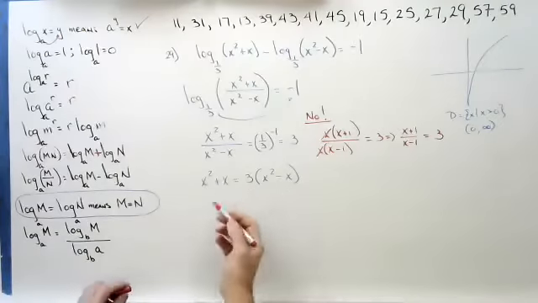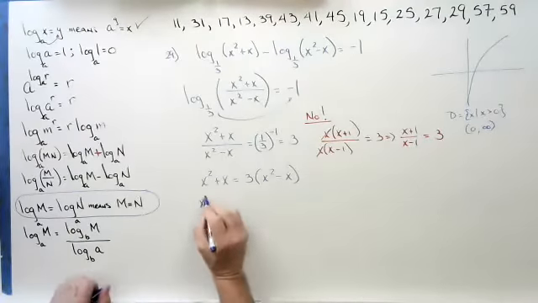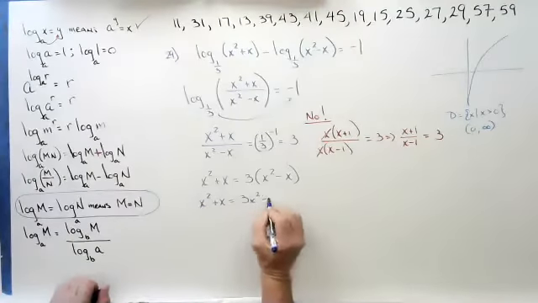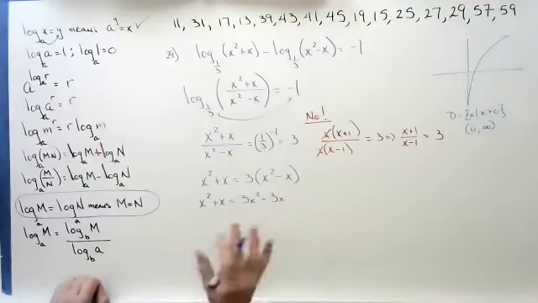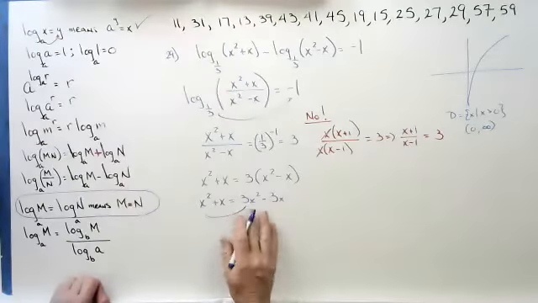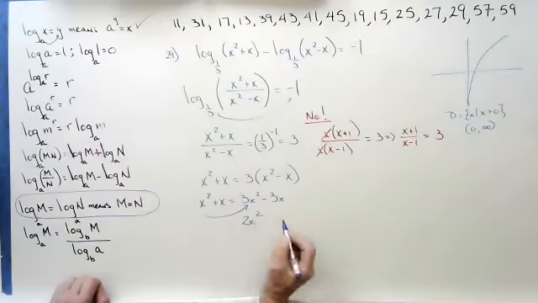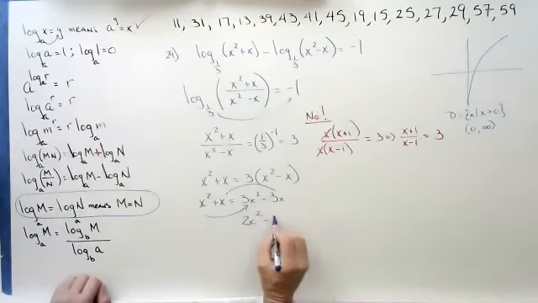So we get this. This is what we work with. This says x squared plus x equals 3x squared minus 3x. Don't divide both sides by x and cancel it. Let's bring this x squared over here. Let's bring this x over here.